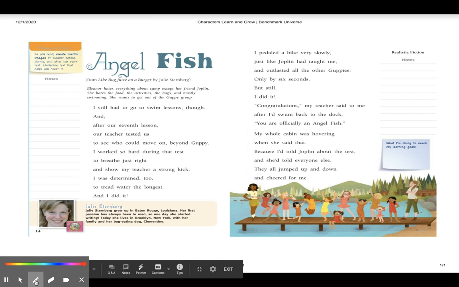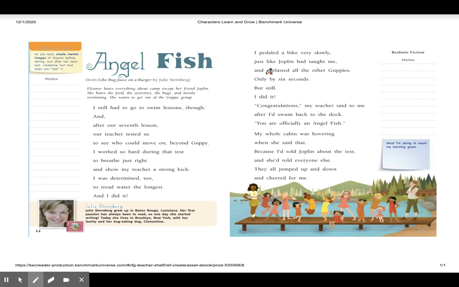Now we are going to circle this sentence right here. Let's look for it. We're going to circle right here where it says, "And after our 7th lesson, our teacher tested us." We are going to talk about why you think the author wanted to include this detail, so I'm going to make it a little bit bigger to include the rest of the sentence.